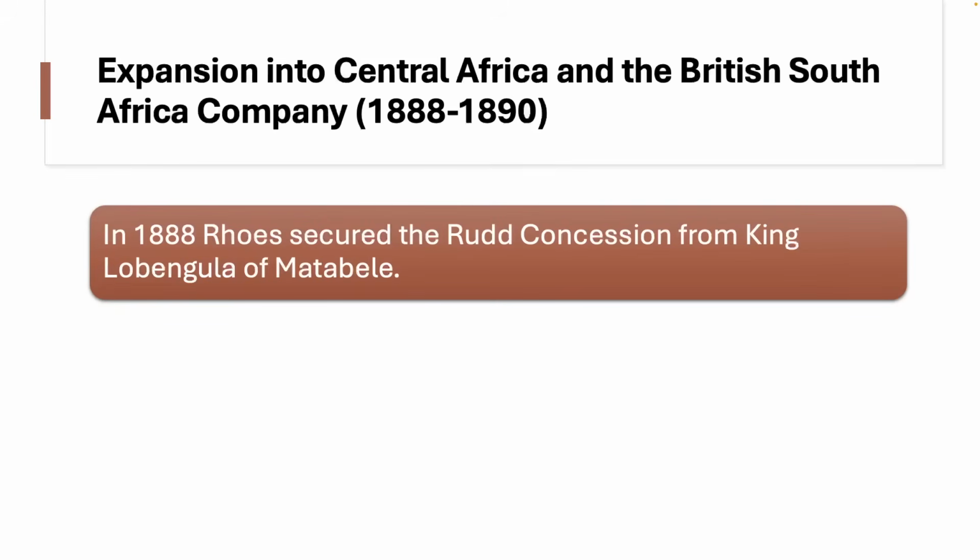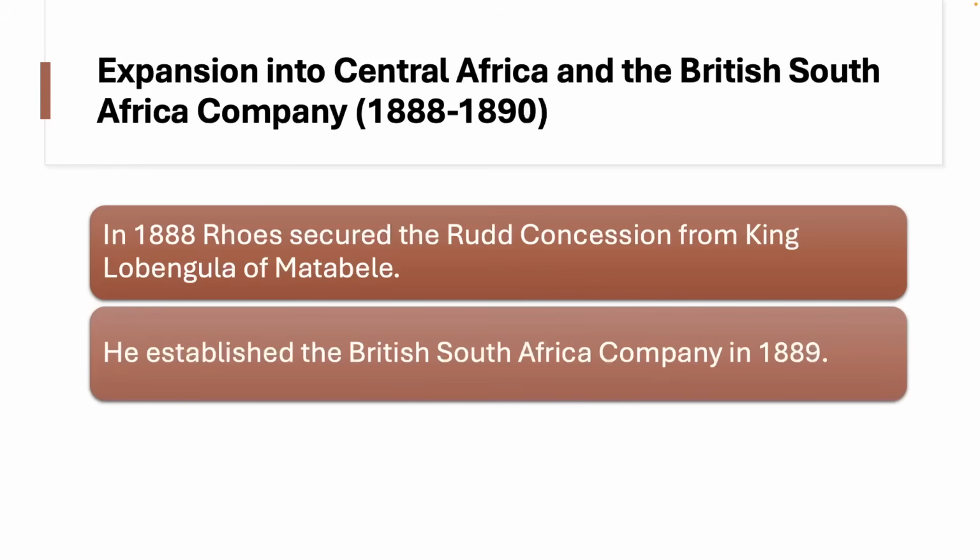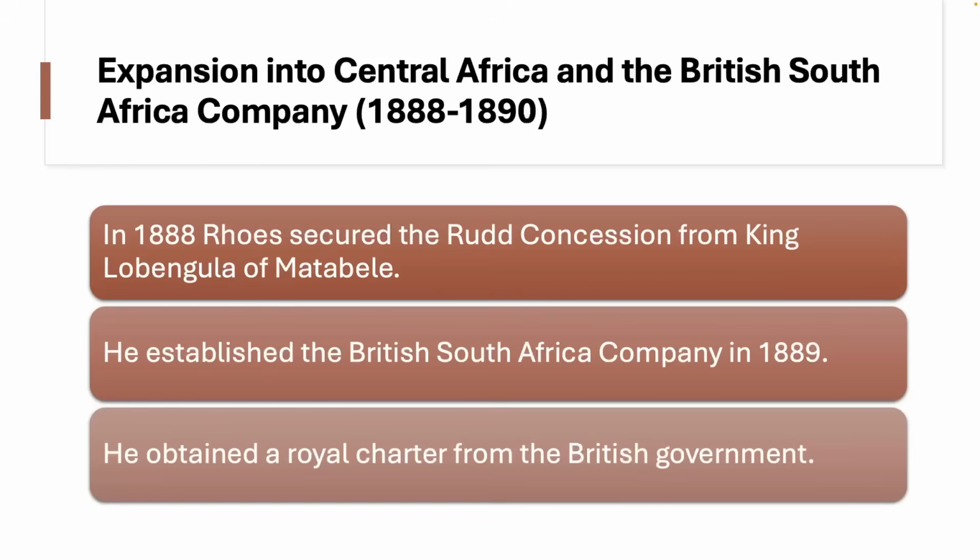So, for example, in 1888, Rhodes secured the Rudd concession from King Lobengula of Matabele. This was essentially granting mining rights over a very specific part of Africa, specifically Mashonaland. Now, he utilises this concession to establish the British South Africa Company in 1889 and obtained the Royal Charter from the British government in doing so.